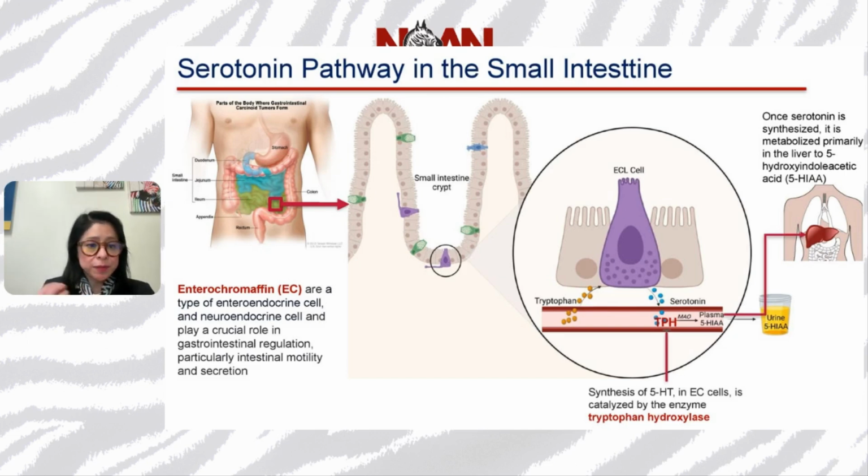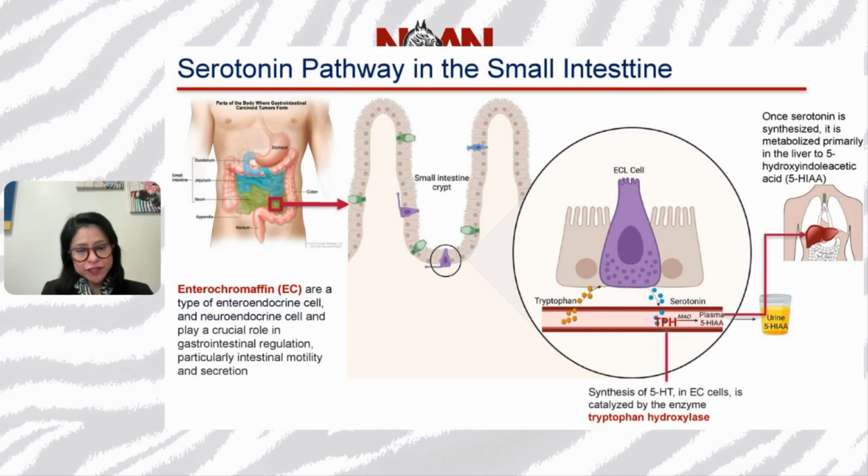Whenever we eat something that has a high content of tryptophan, which is an amino acid, it is metabolized in these cells, which are located in the small intestine.